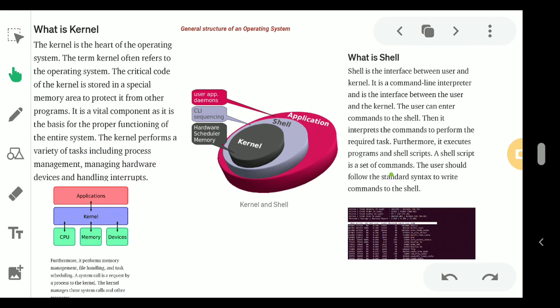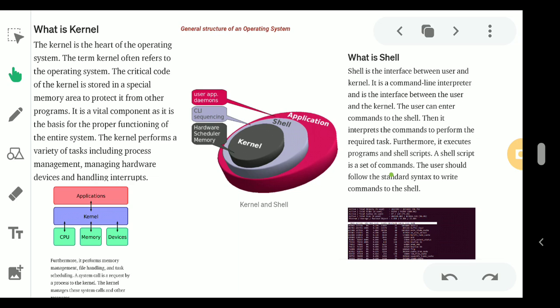So whatever instruction or task is given by the user to the computer system, that interpretation can only be done by the shell. The shell will interpret this and then forward it to the kernel.